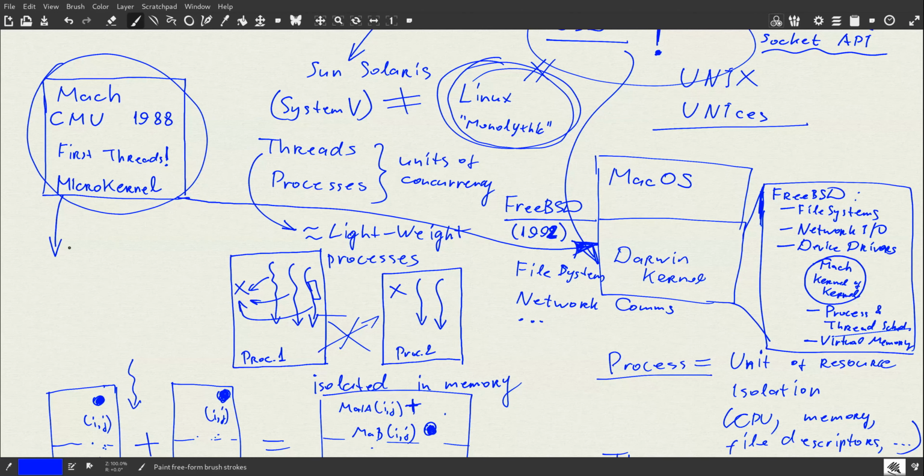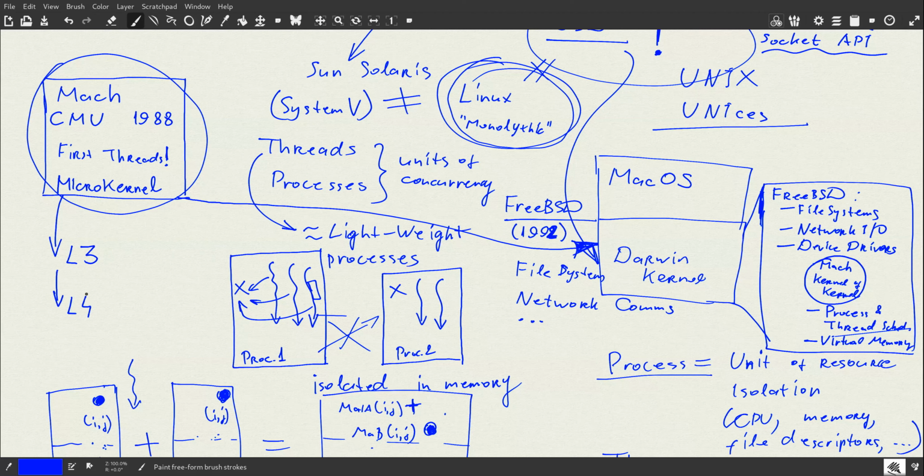and Mach evolved into L3, named after the German computer scientist who developed this family of kernels, and after L3, the L4 family of microkernels. There are many implementations of them.